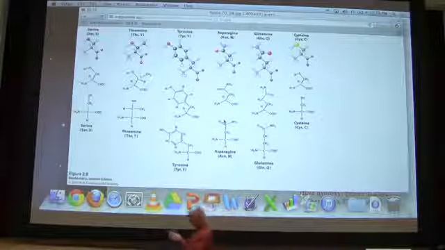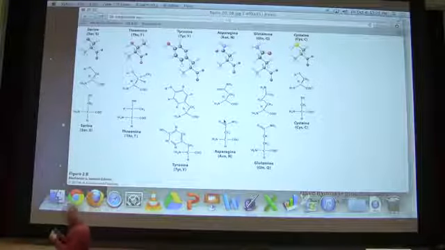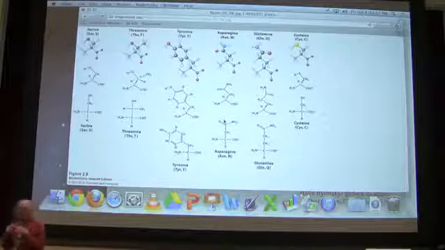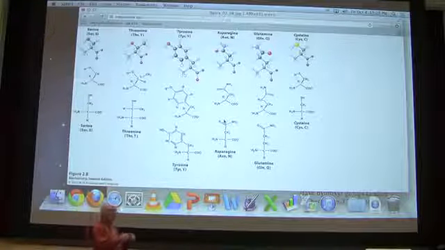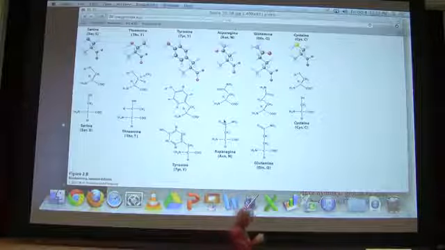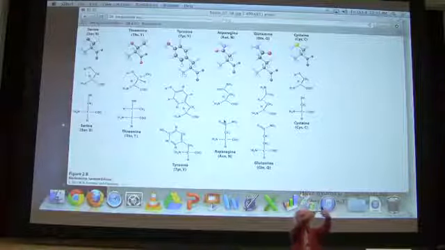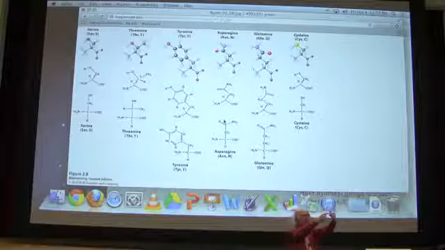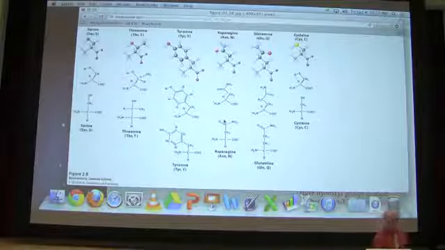The disulfide bond is very strong because it's a covalent bond, and it can help to stabilize overall protein structure. We'll see some clear examples of that later. But if two cysteines are close together in a protein, they will form that disulfide bond and help stabilize the structure of that protein.